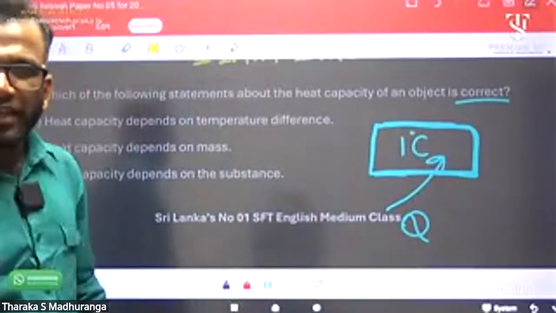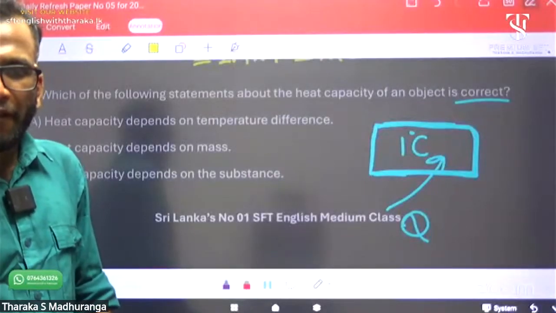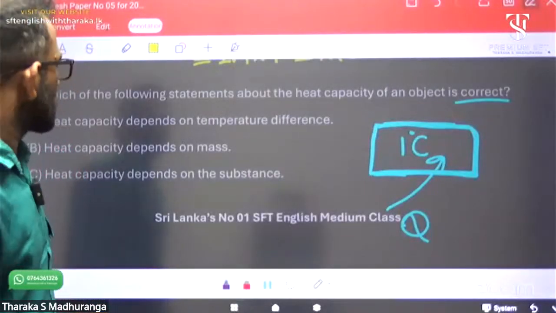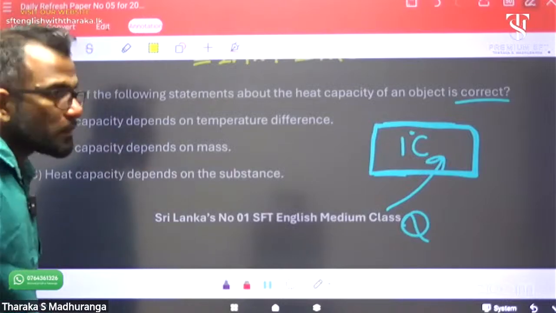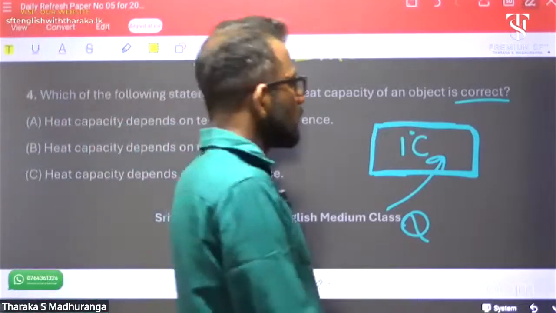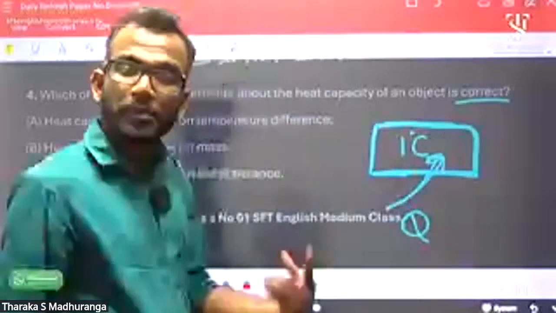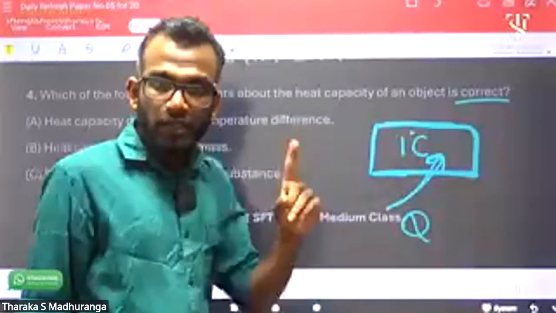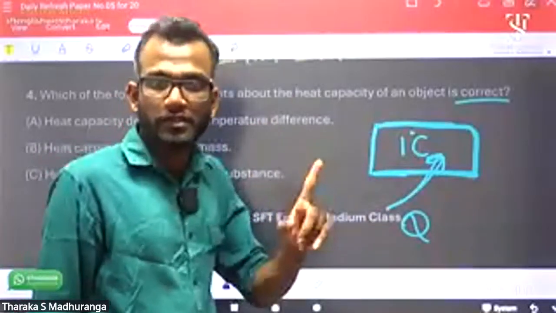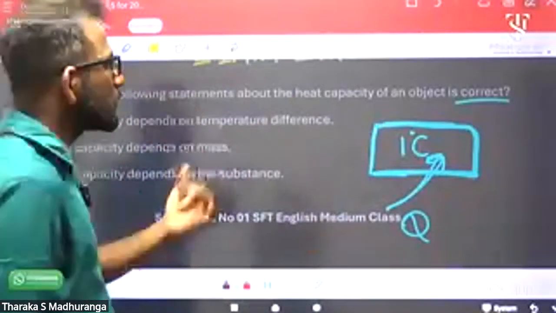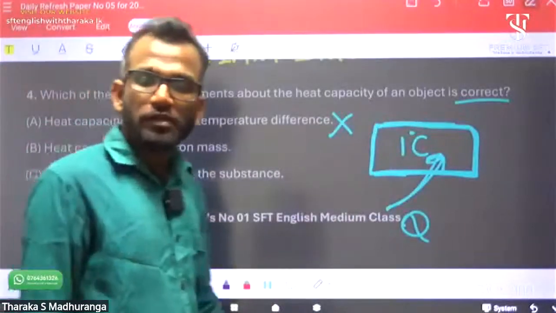Then is it correct? Actually not correct. Why? In heat capacity, we already consider the requirement per 1 Celsius. Only per 1 Celsius. Not correct, it's wrong. Temperature difference is not effective.